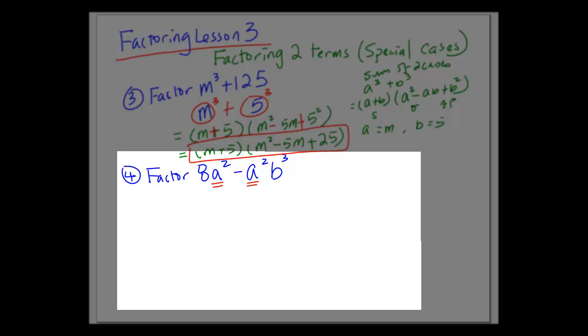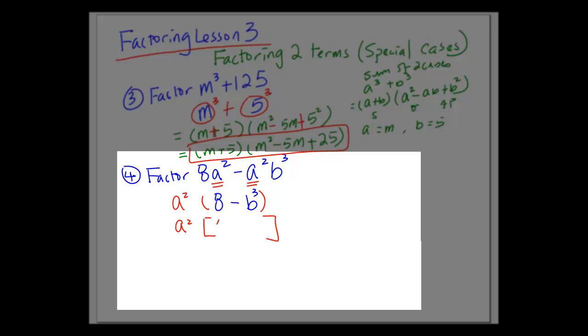So you need to remember to pull out the a squared first. And after you pull out a squared, you still have 8 minus b cubed. So now it's more obvious this is maybe a difference of 2 cubes. We want to double check to make sure this is true. So don't forget you have an a squared hanging out outside.